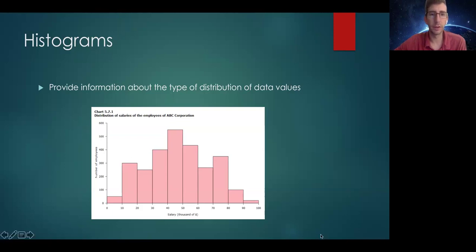But just to look at this histogram, you can see that we have our numbers of employees over here on our vertical axis, or our y-axis. So think of these as frequencies or counts. And then down here is our quantitative variable, our salary in thousands of dollars.